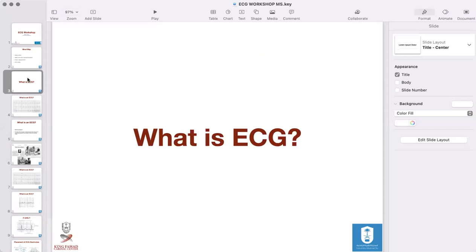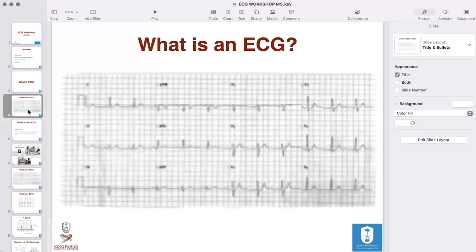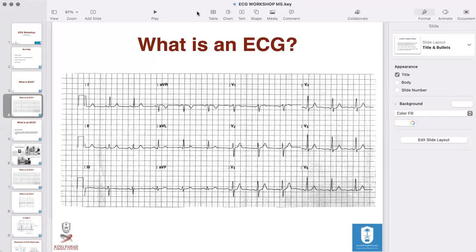So start with, what is ECG? Any volunteers to tell me what it stands for? Okay, let's see.